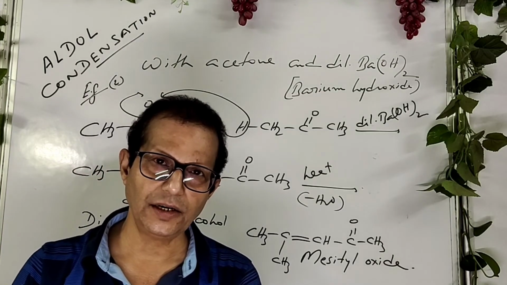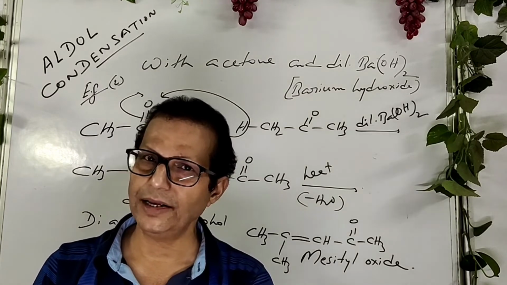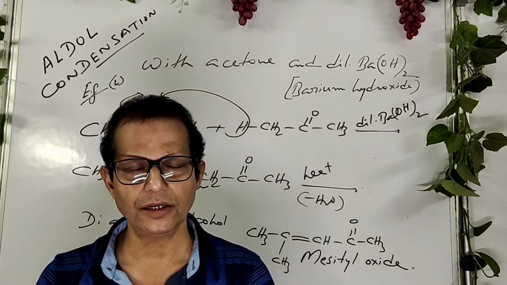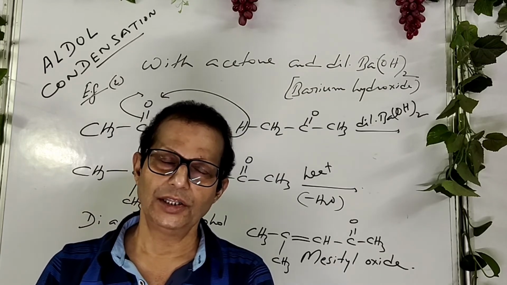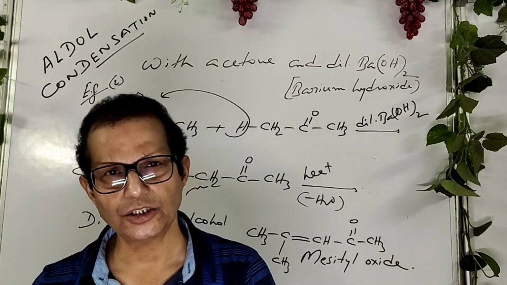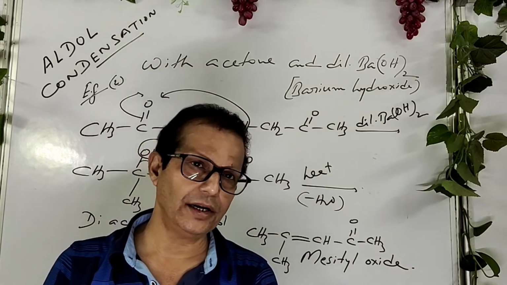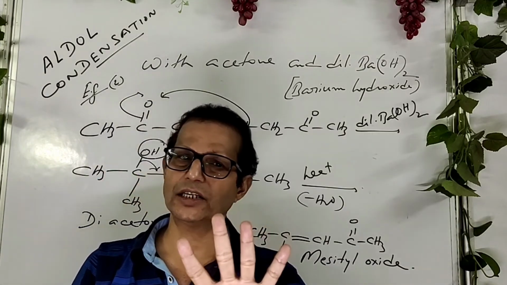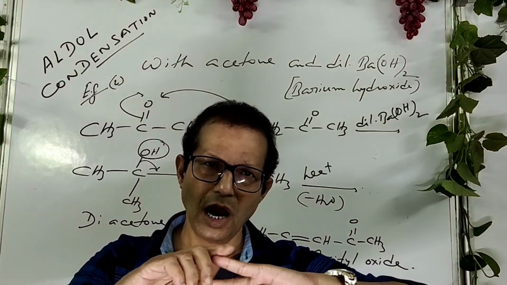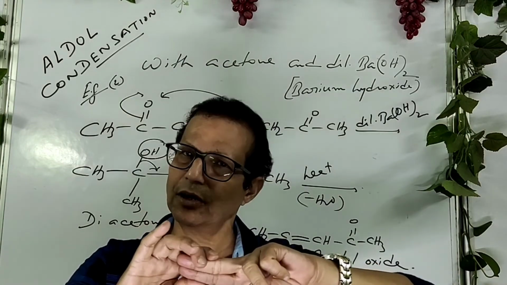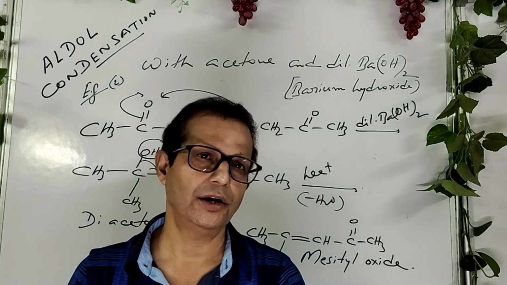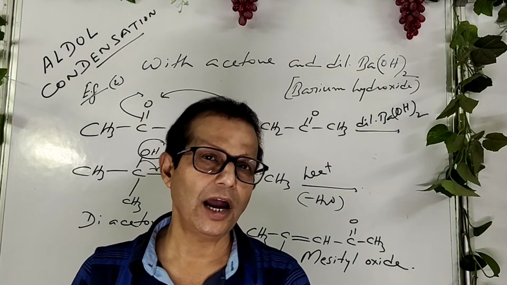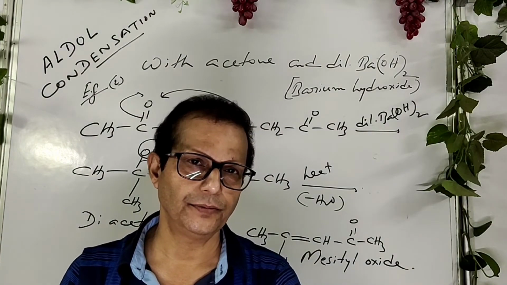In this reaction, one molecule of aldehyde having alpha hydrogen and one molecule of ketone having alpha hydrogen are used. This is a similar type of condensation like aldol, but here 4 different types of products are formed. 2 are self-condensed products and 2 are crossed. Okay. Now see the reaction, that's called crossed aldol condensation.